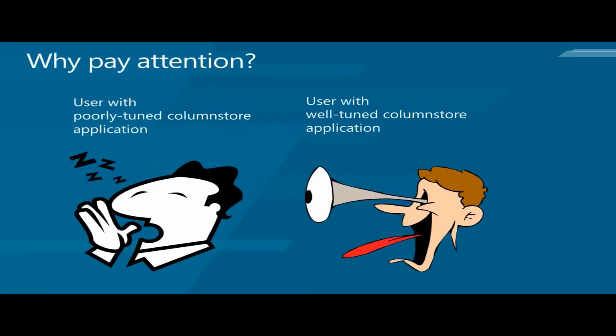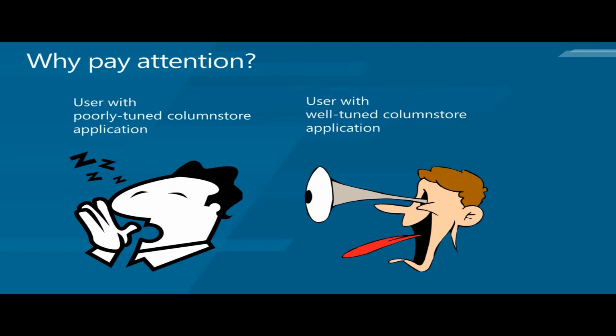So why should you pay attention to what I'm saying today? Well, here's a little cartoon to give you a flavor of why. Users that have poorly tuned column store indexes are not going to see a huge benefit from column stores. You still might get a little bit of benefit, maybe your query performance will double or even triple, even if you don't do any tuning.